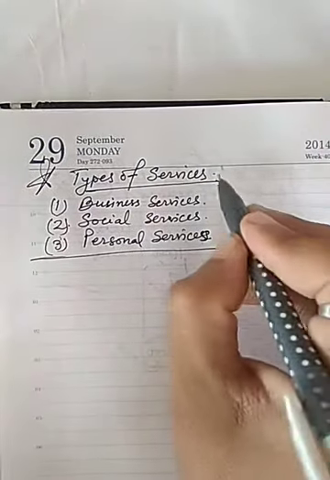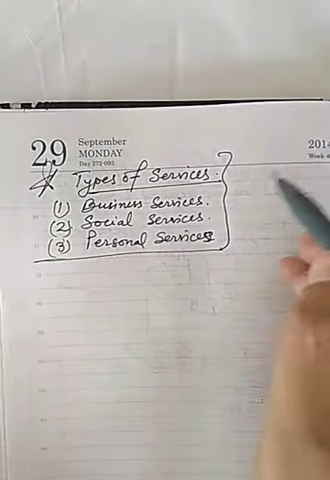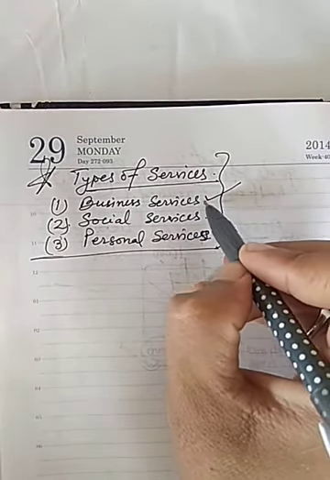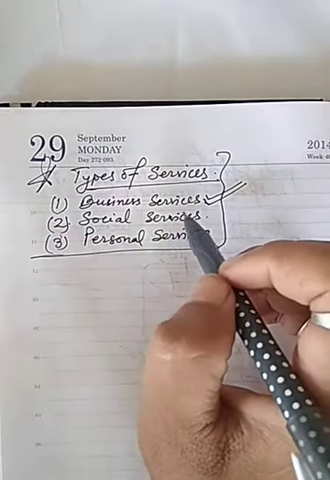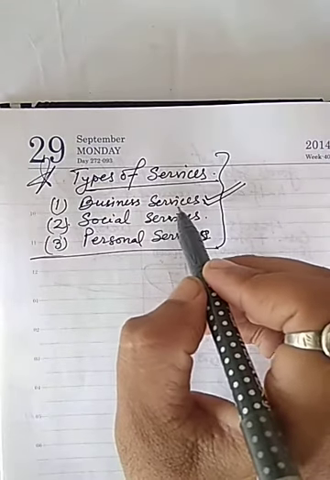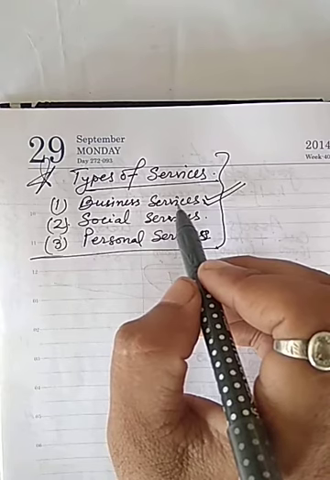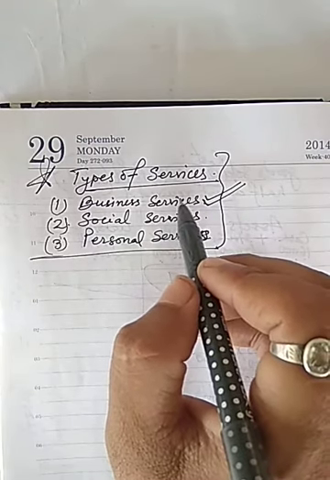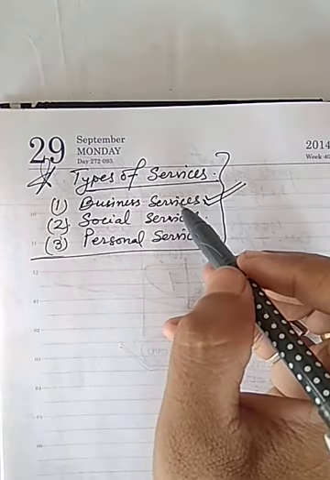So there are three types of services. First, I am dealing with business services. Business services are those services which are used by business enterprises to carry on business activities more smoothly.